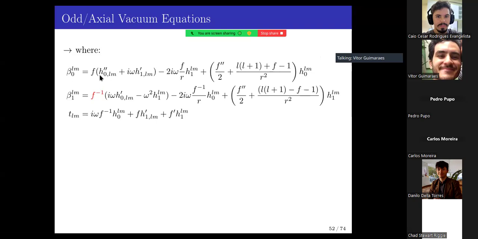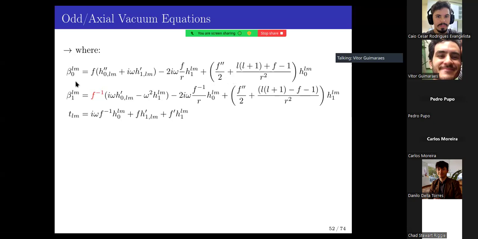This is a more complete equation in some sense, because it's completely general in the form of f. If you look into Berti and Valeria references, you're going to see that this element, for example, is taken to be the second derivative of 1 minus 2m over r, which will be, if I remember correctly, minus 4m over r cubed. But anyway, it's just a matter of plugging f equals 1 minus 2m here, and you're going to obtain exactly the equations of Berti and Valeria.